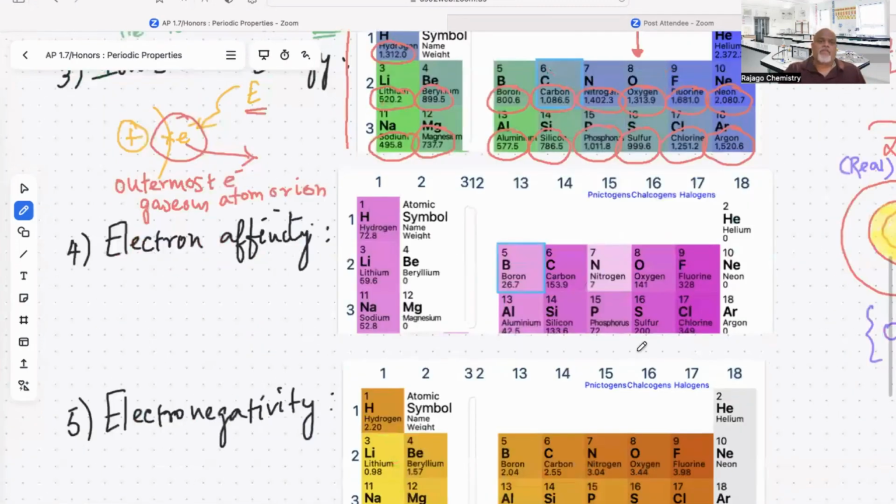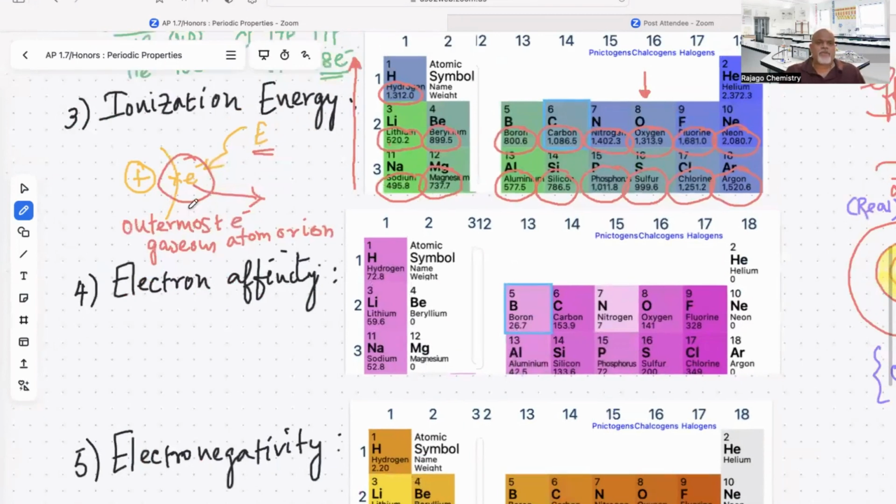In the case of electron affinity, it is exactly the reverse of ionization energy. What happens in ionization energy? You give energy and then the electron comes out. Here, you add an electron and then the energy comes out.